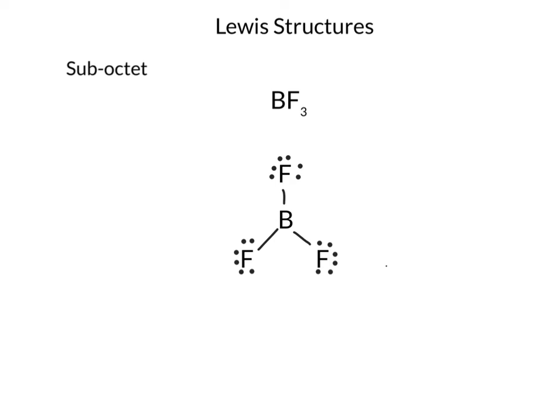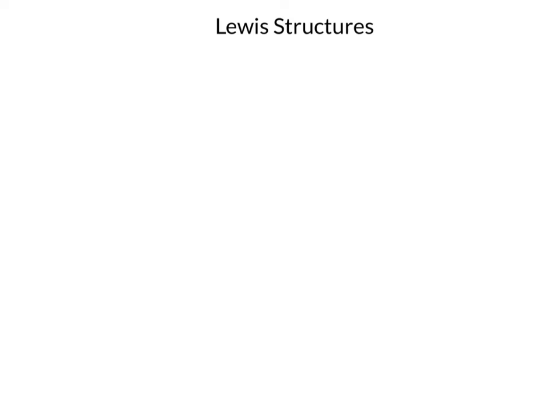So boron is okay with sharing, but fluorine hates to share. Getting fluorine to give up a pair of electrons to boron for no reason is not something it wants to do. Therefore, boron gets stuck with only having 6 valence electrons in this structure, which is why it has a suboctet.